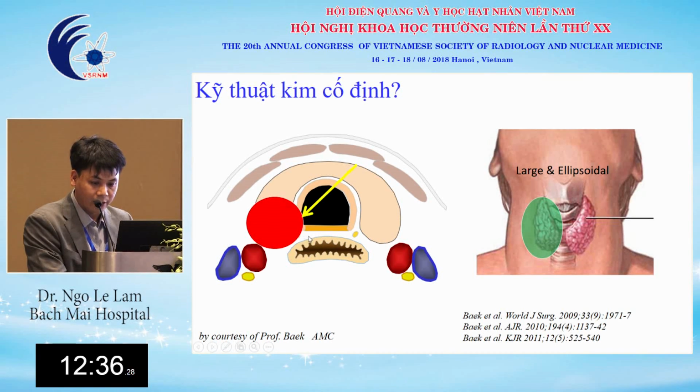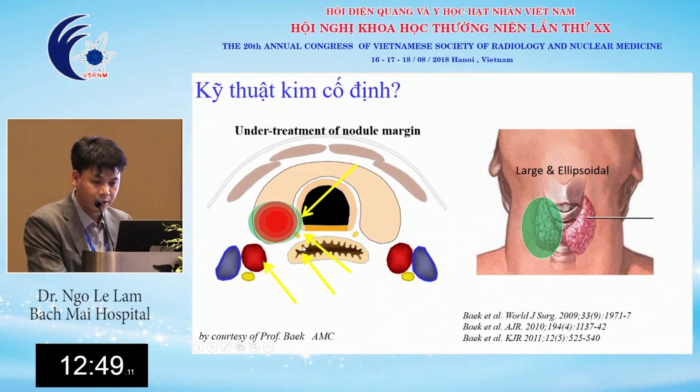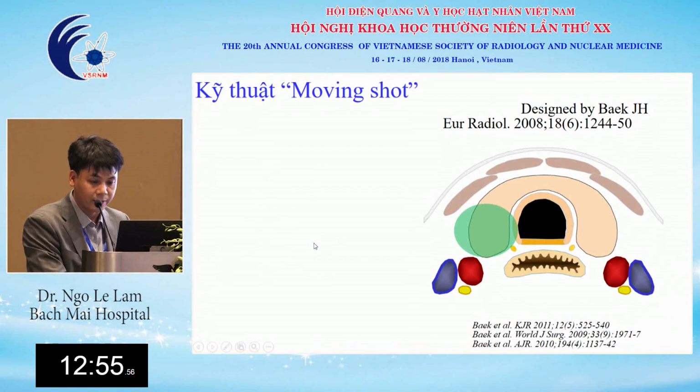If we keep the needle still and burn, the burning size will expand and expand, and may damage the adjacent structures. Therefore, we have to move the needle when we do burning.